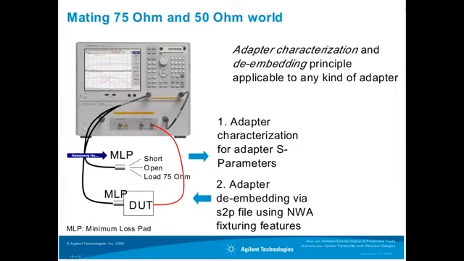By loading it into the fixturing application, you can extend the 50 ohm N-type calibration plane into the F-type 75 ohm calibration plane, and then you have extended the calibration plane directly to the input interface of the device under test.